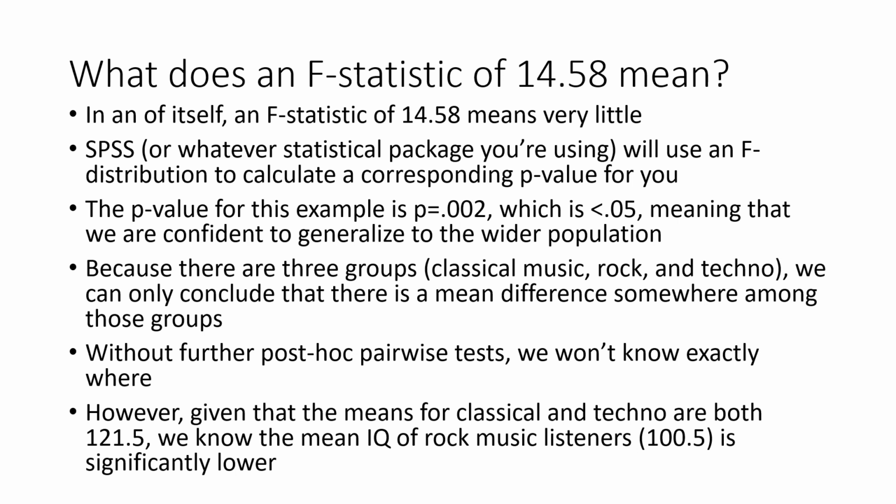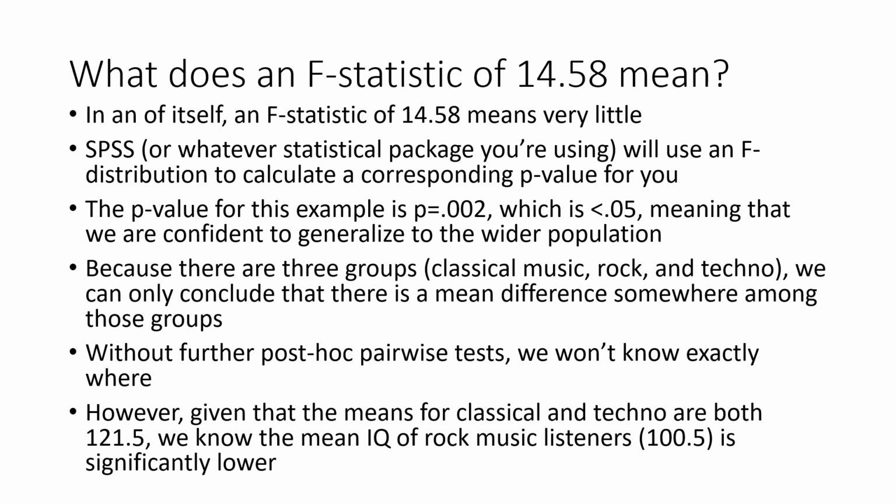And because 0.002 is less than 0.05, then we're going to conclude that there is some mean difference that is significant somewhere within our example. So somewhere between classical music, rock music, and techno, there is a significant difference in terms of IQ. Now, without further post hoc pairwise tests, we won't know exactly where that difference lies, right?